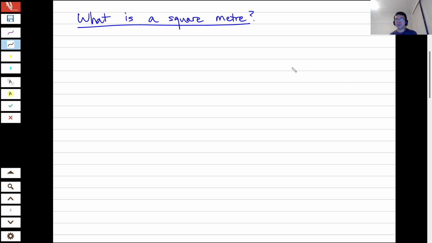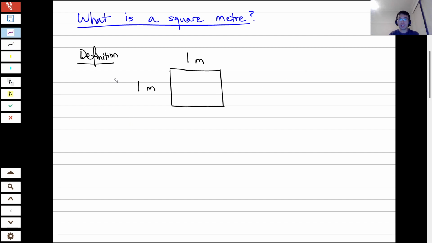So the first question that we want to consider is, what is a square meter? So here's the definition. A square meter is the area occupied by a square with dimensions 1 meter on each side. So we say the area of a square with length 1 meter is 1 meters squared.